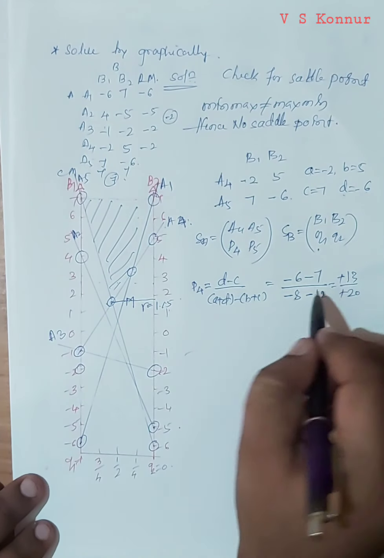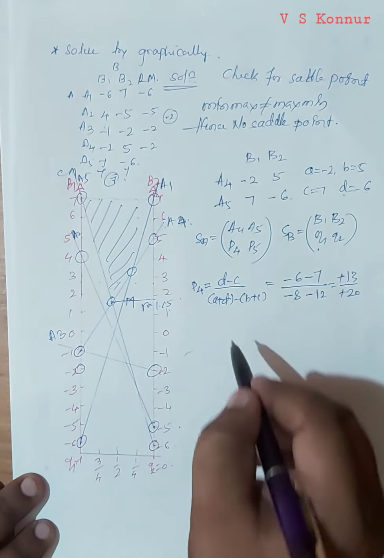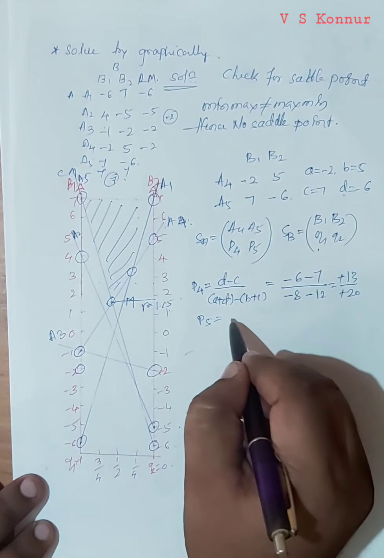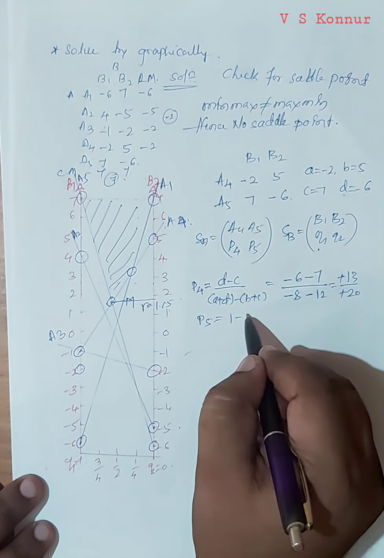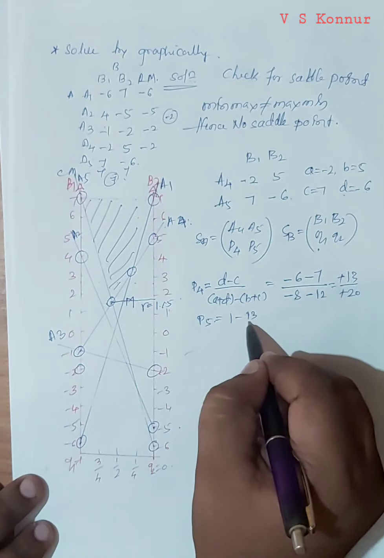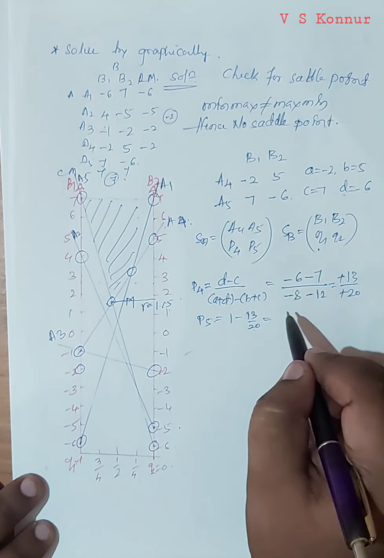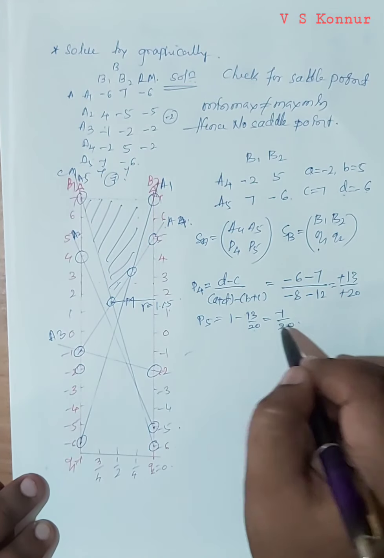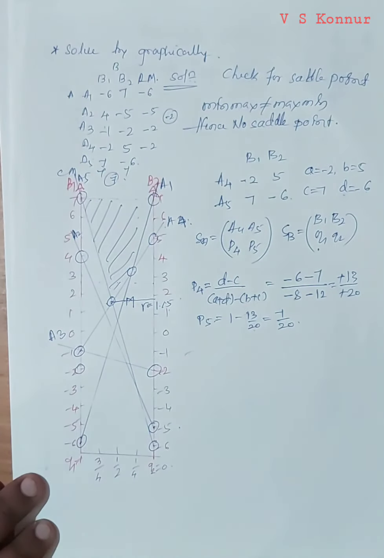Minus minus cancels each other, 13 by 20. Now we'll calculate P5, 1 minus 13 by 20. So 20 minus 13 is 7 by 20. We will get it as 7 by 20.